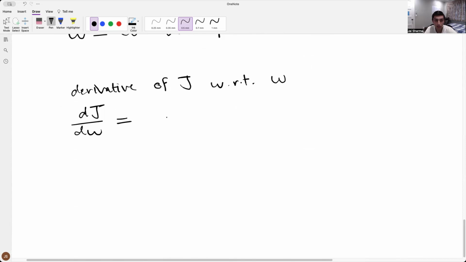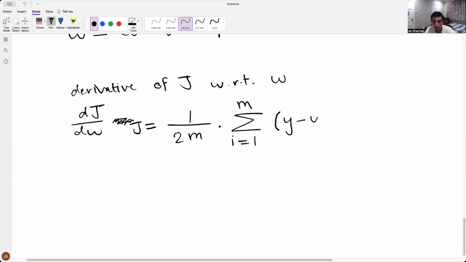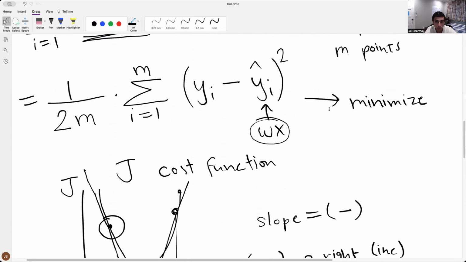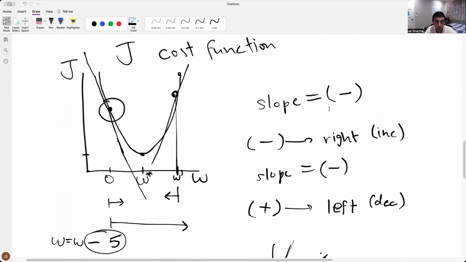So we want to take the derivative of, so I'm going to get rid of that. I'm going to rewrite our cost function. J is equal to 1 over 2m times the sum i equals 1 to m of (y minus y hat) squared. I think that's what I wrote before, right?